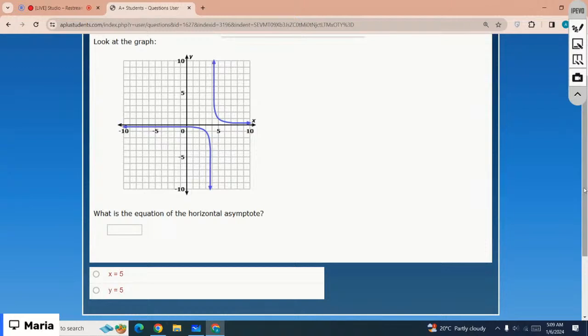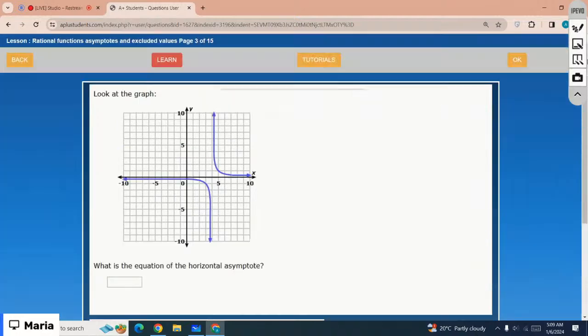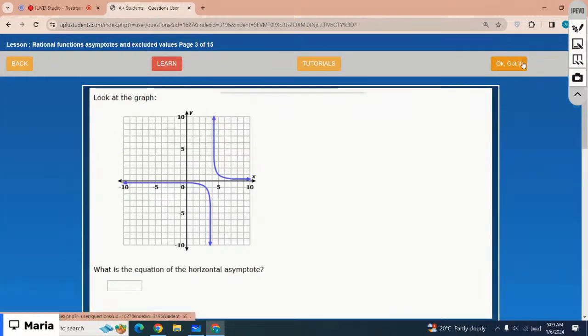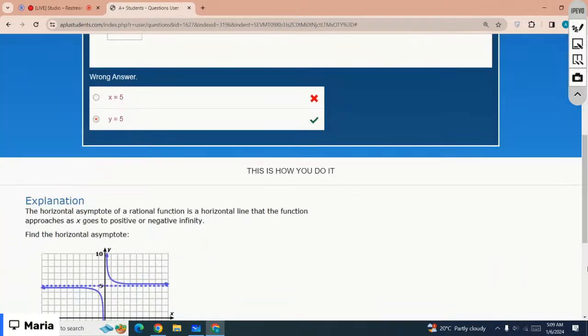That is x equals 5, because here is the value where the graph is changing from positive to negative. So that is x equals 5. The correct option is x equals 5.